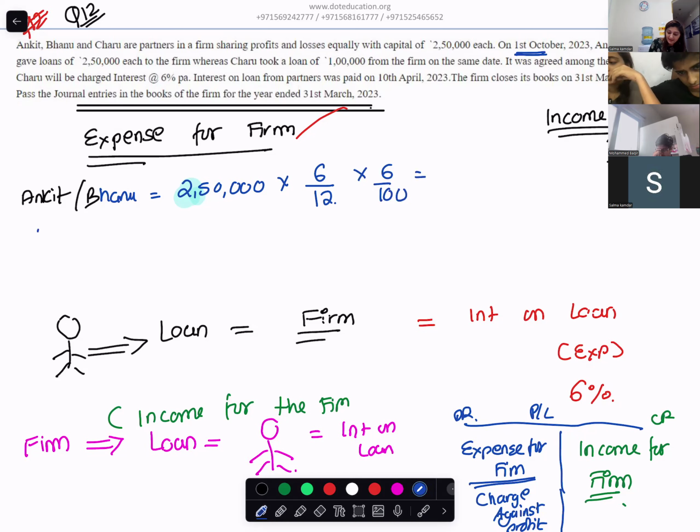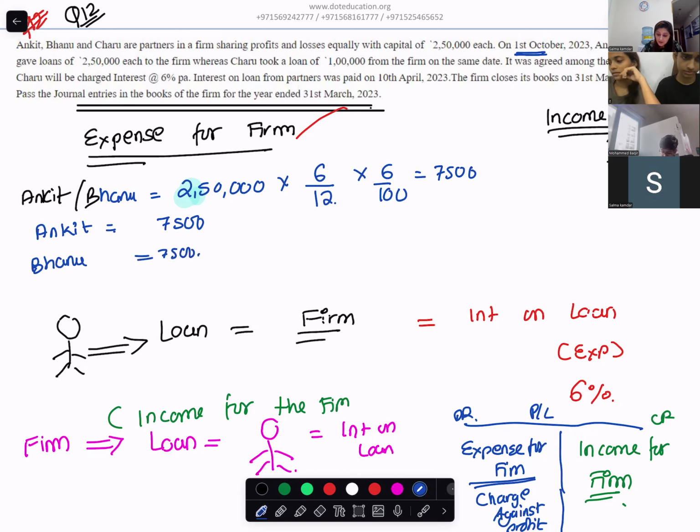So the expense for the firm with regards to Ankit will be 250,000 into 6% for 6 months, 7,500. And 7,500 for Bhanu. Are you with me?